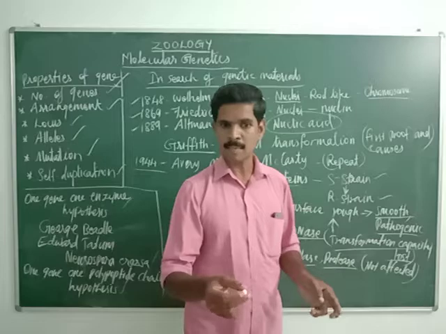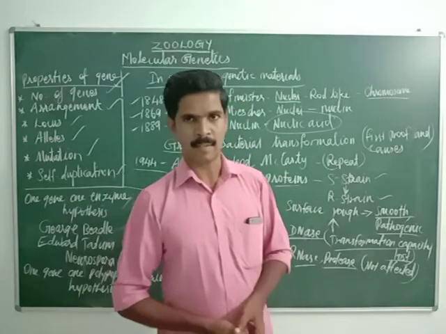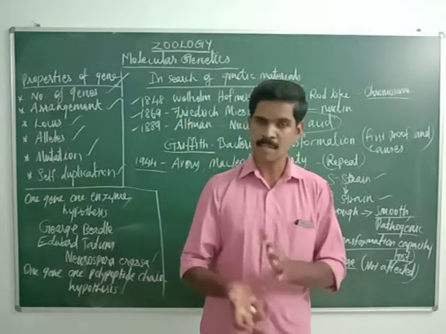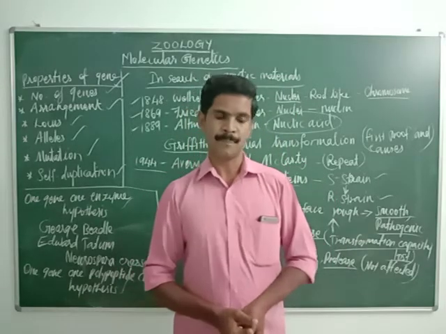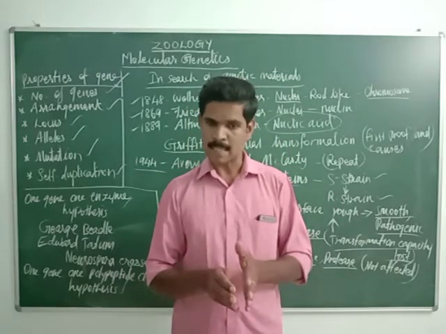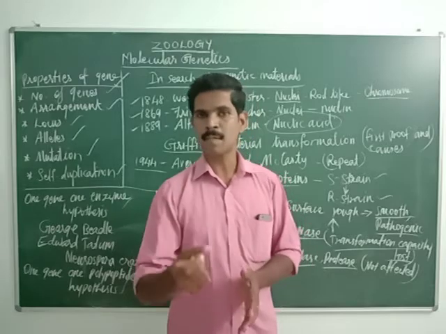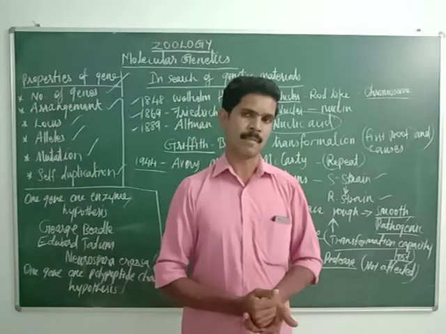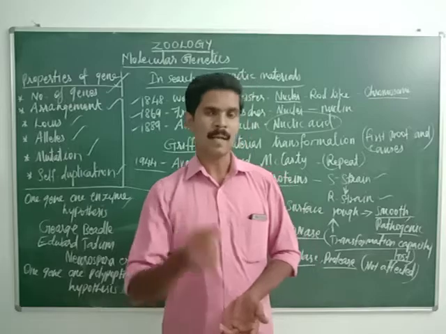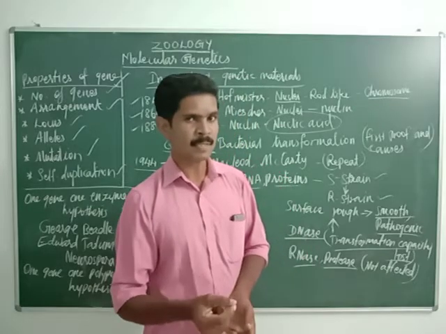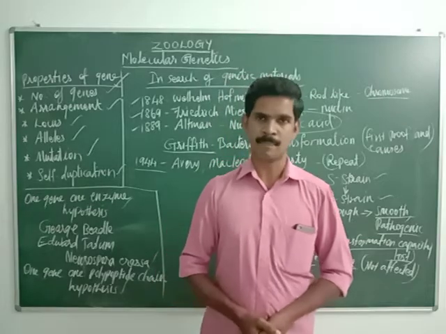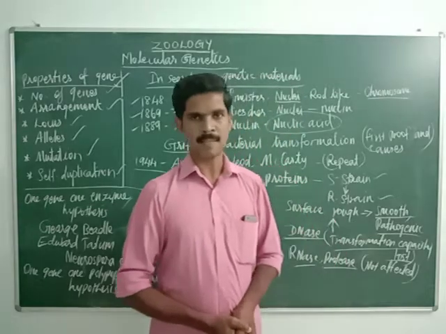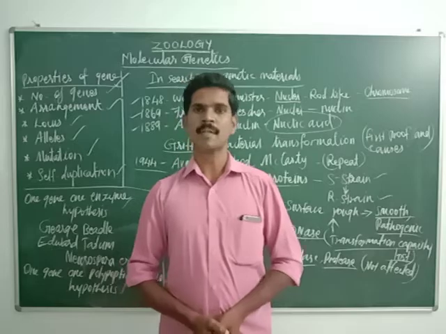Just imagine the DNA of R-strain bacteria is added with the S-strain bacteria. This bacterial cell retains some important properties of the R-strain. This process is called transformation. Hope you have understood, my dear students.